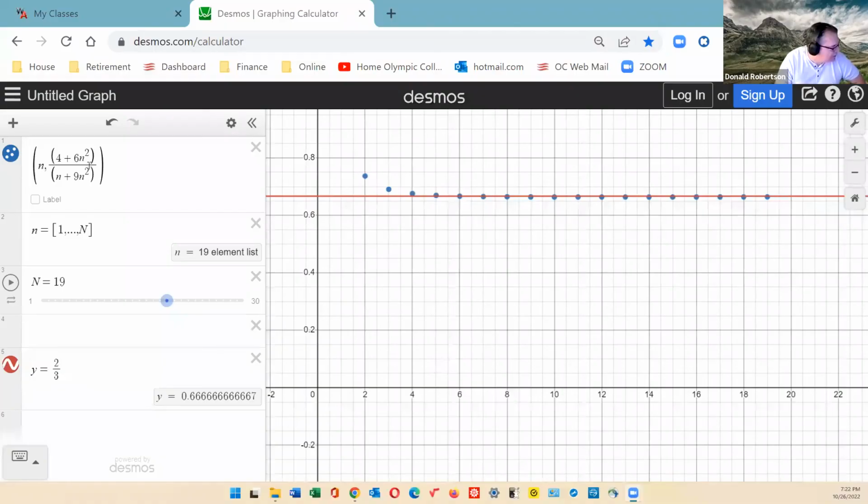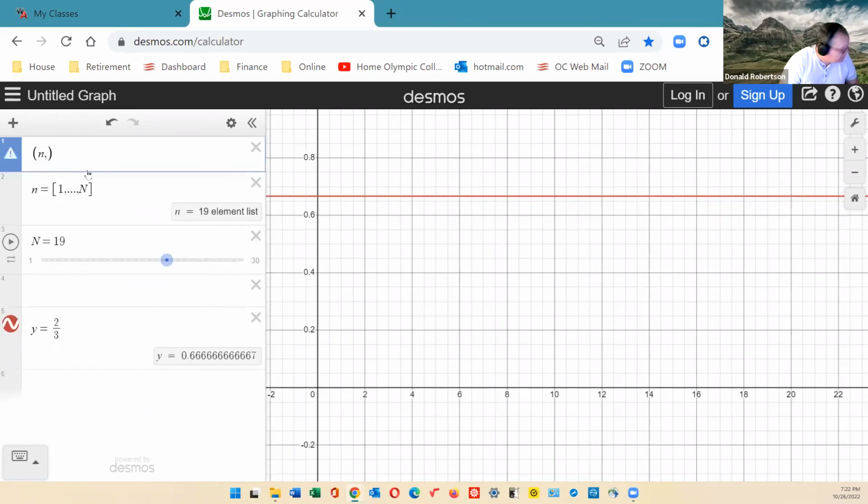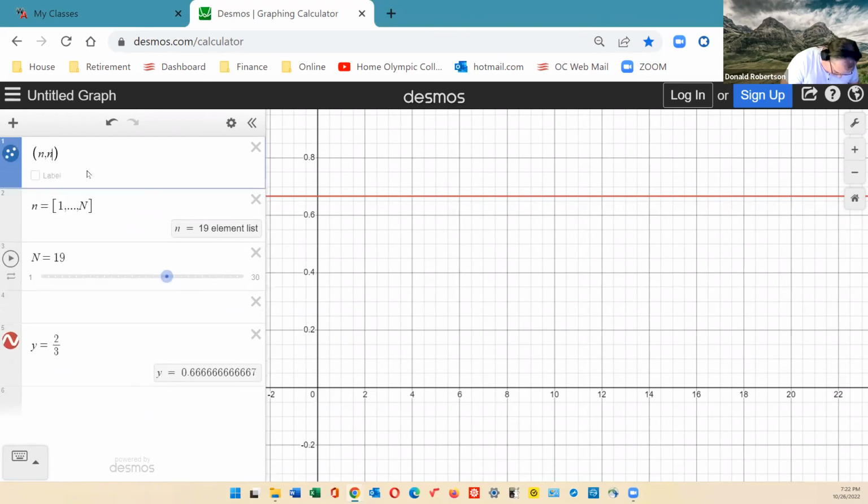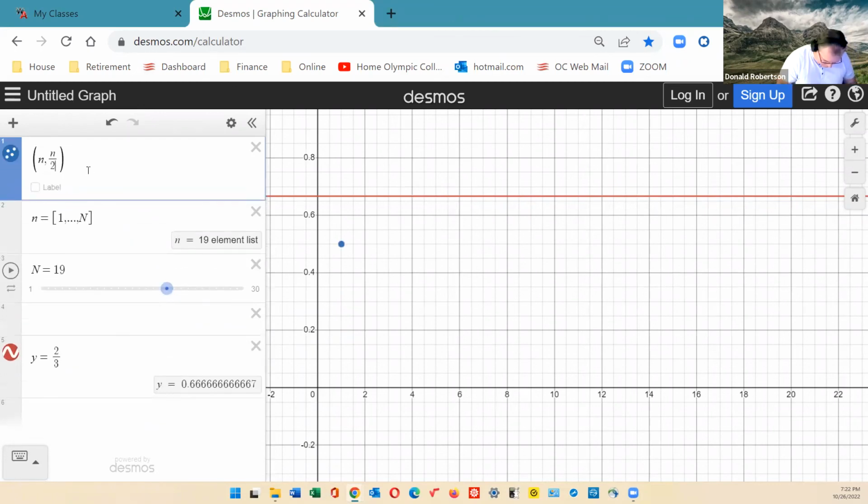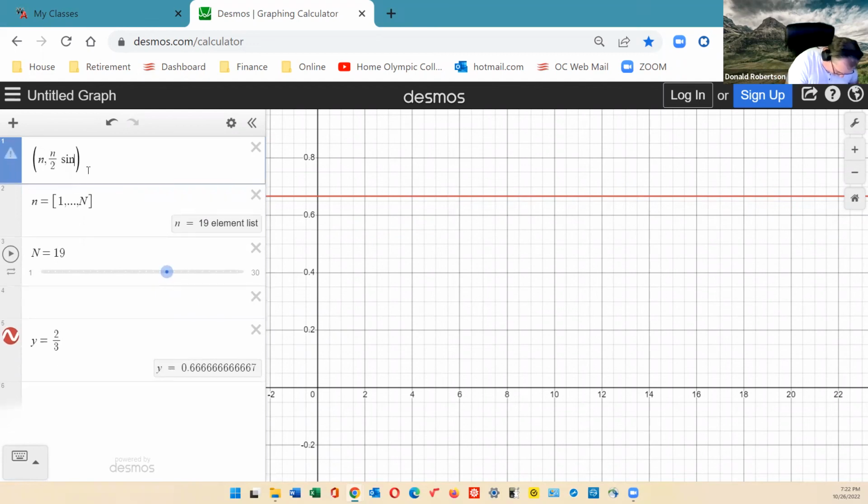Let's close a window here and try and find Desmos. Okay, there we go. I think I've got it. And there we are. So the fella that we were doing is originally n divided by 2, the sine of n divided by 2.